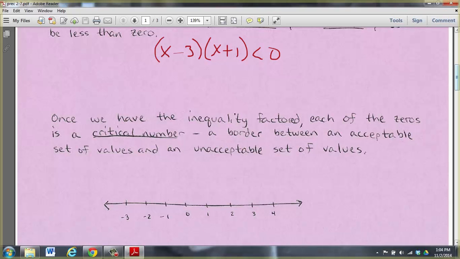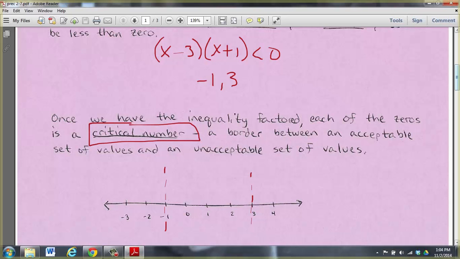And after you factor it, the zeros become what's referred to as critical numbers. And usually what I do is I'll draw a dotted line in that region. Our critical numbers are going to be -1 and 3. And we're going to want to test each of those intervals to see if the equation is true or not.